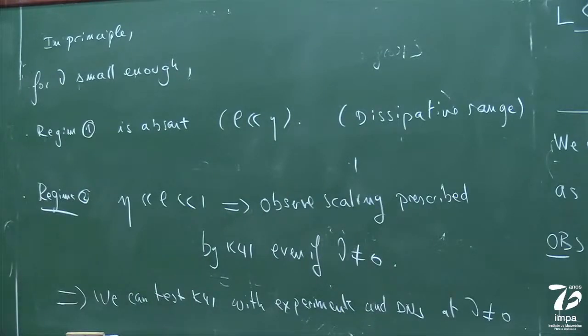So it means that, okay, we have a theory which is an asymptotic theory. It tells you, okay, in the limit where everything goes to 0, this is what we should observe.